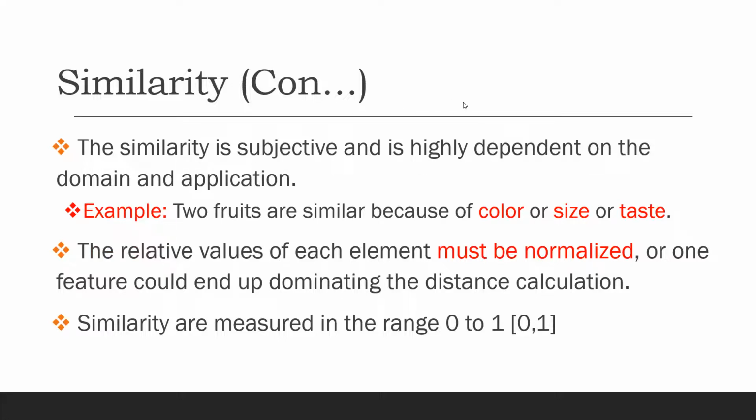One of the important things is that similarity is subjective. It depends on the domain and application. Let's think about finding similarities based on color. That is one domain. Sometimes we look at similarities based on size. Let's think about the mango. Whenever we pick a mango, we look at the color.